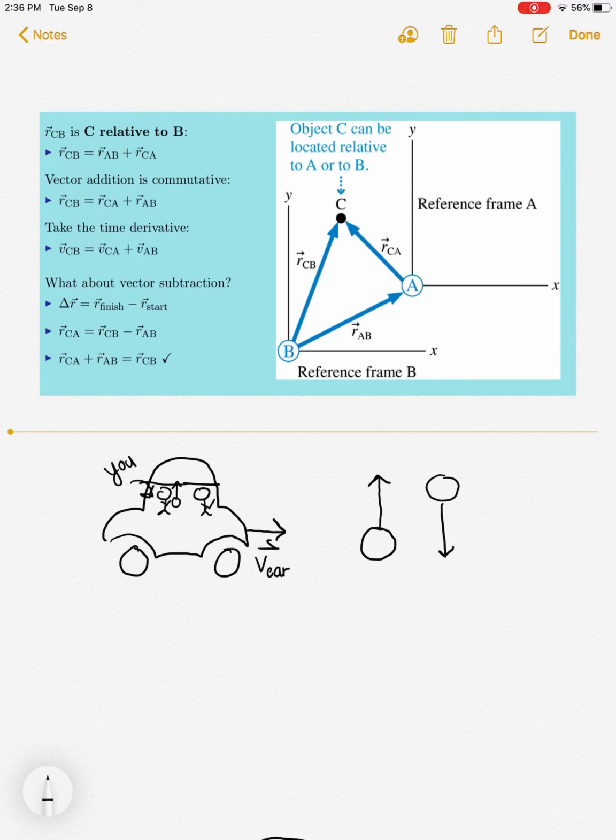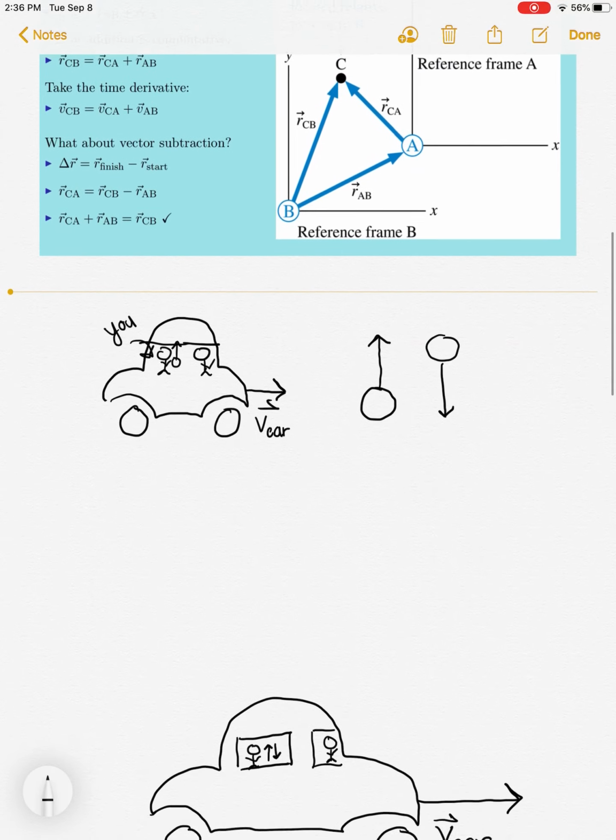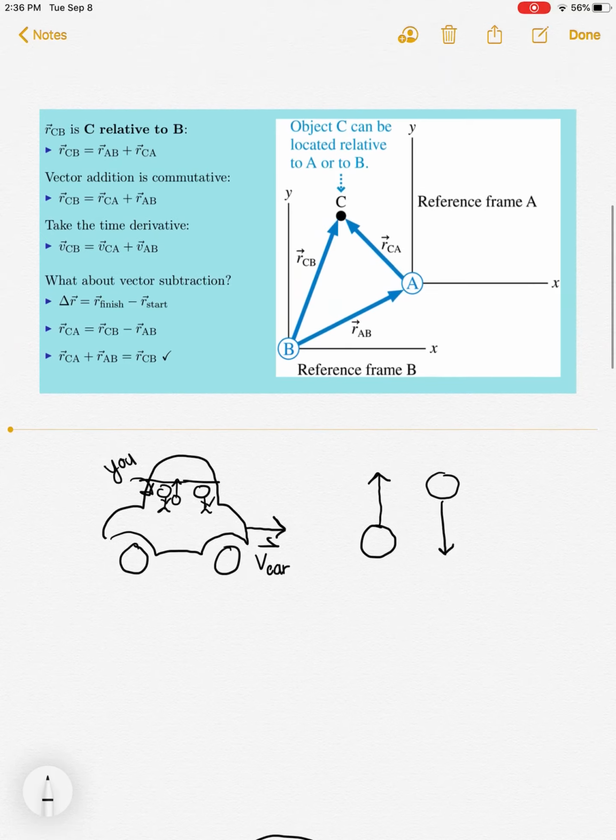The caveat here is that we have the velocity of the car, and we know that the car is moving. If we had somebody outside of the car, what they see is that you're throwing the ball, in this case, to the northeast, and the ball is coming down right here.